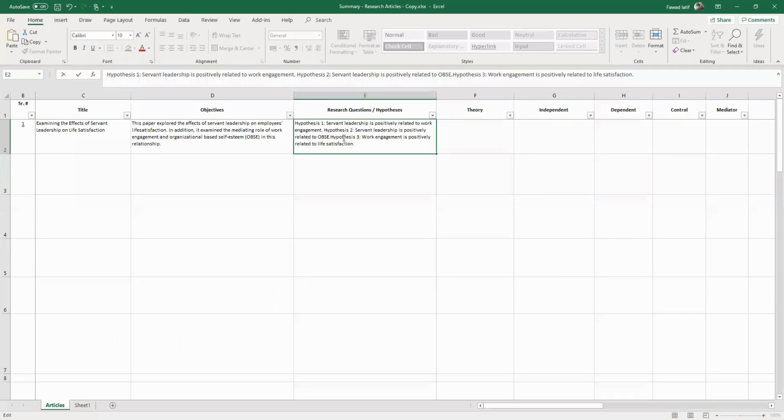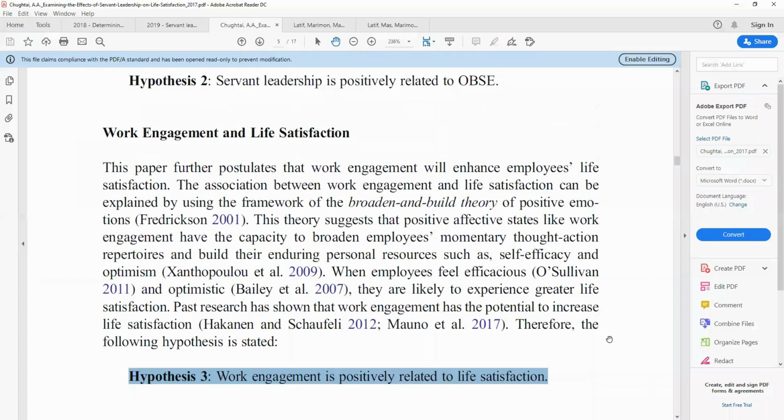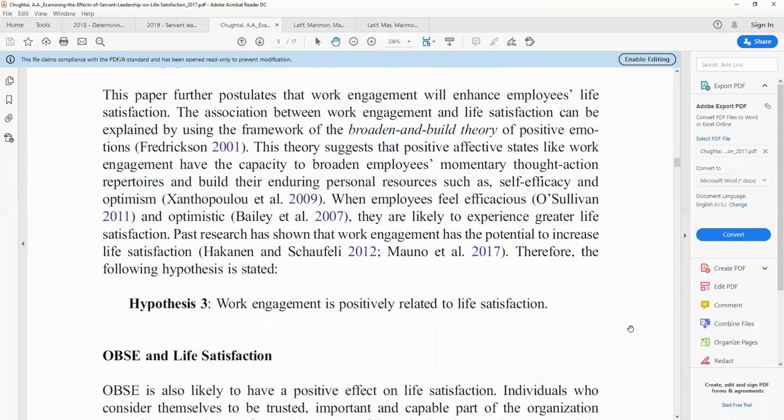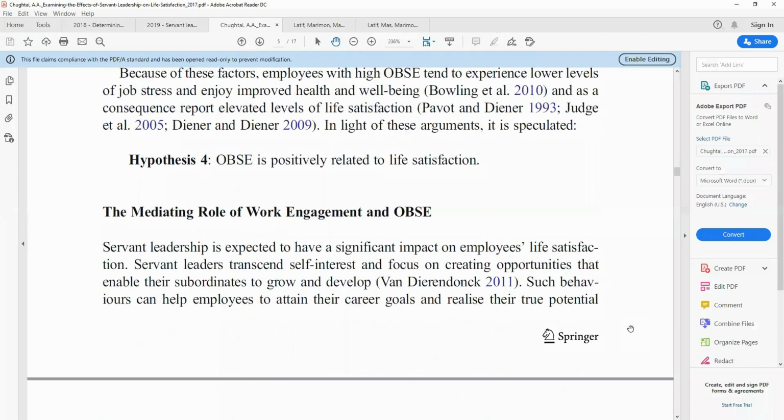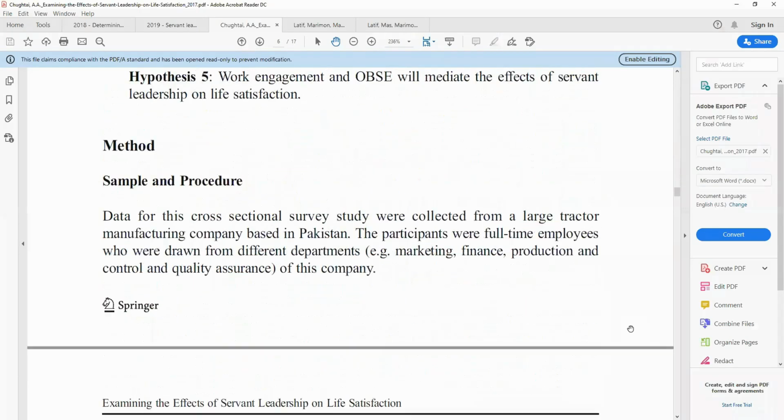Okay, let's see. There's this fourth hypothesis, and then there is a mediation hypothesis as well. So there are in total 5 hypotheses, and you can just copy and paste them onto the Excel sheet. This will help you understand what relationships the existing research has already evaluated.